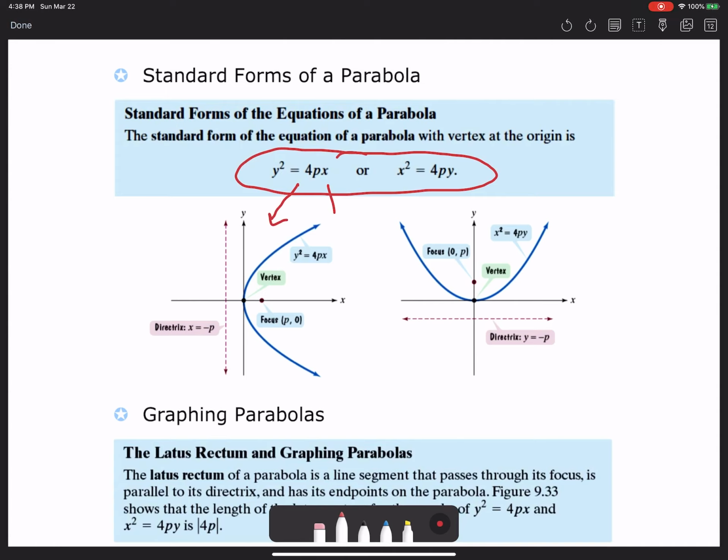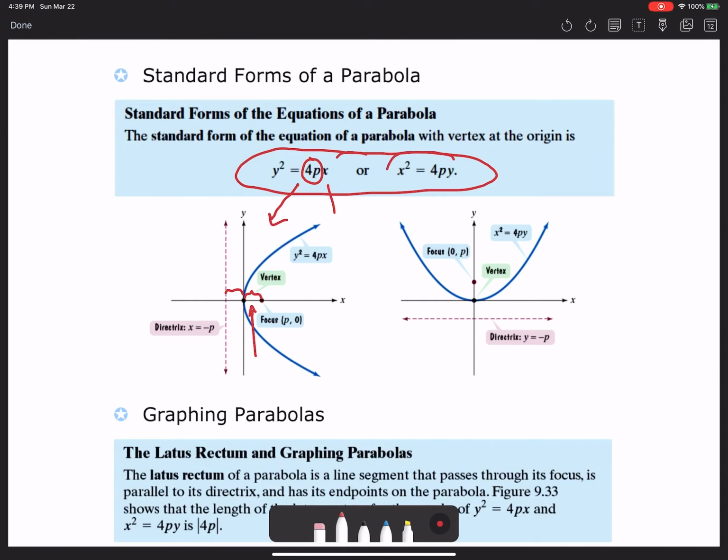Let's not get too hung up on that. The 4p that you're seeing here as the coefficient in front of x, we're going to see this in some examples, but that 4p value, the coefficient on x, is going to help us determine the value of p, which we were talking about as being the distance from the vertex to the focus, or the distance from the directrix to the vertex.